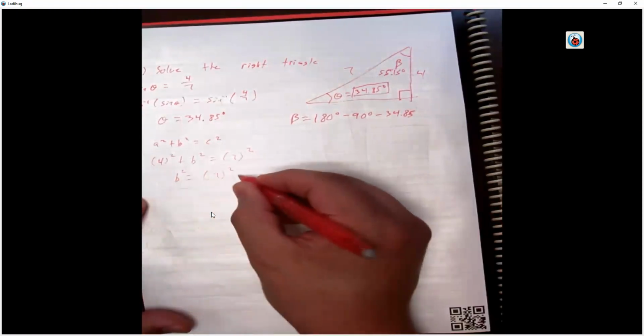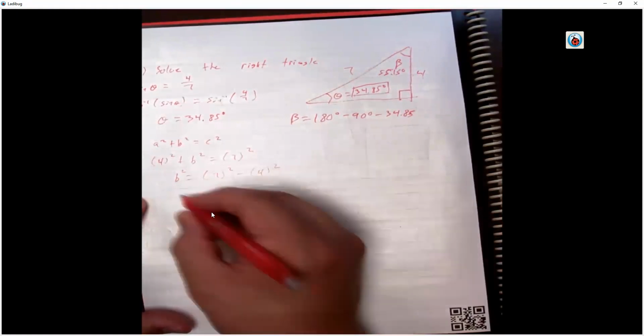So b will equal 7 squared minus 4 squared. So b is the square root of 49 minus 16. It's 33. So we got all the sides.